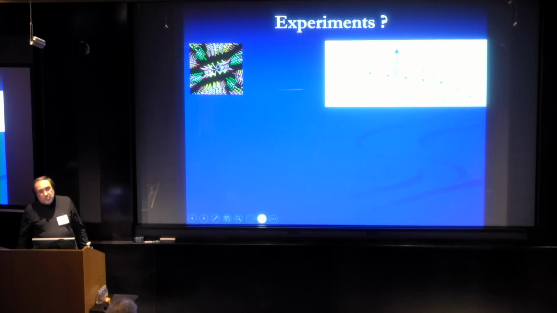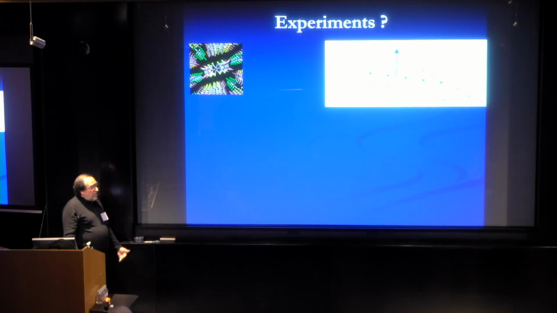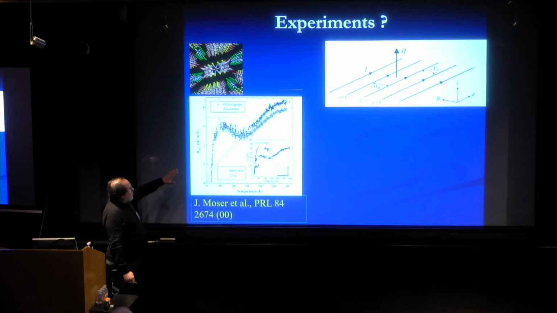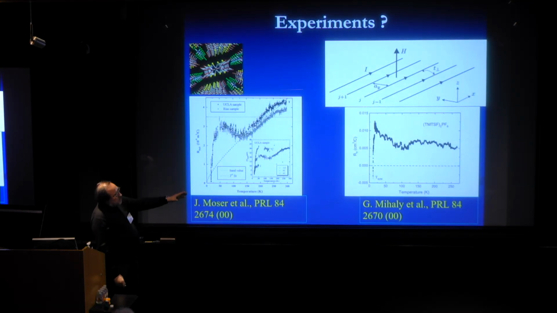And just to show you that even at the experimental level, there is debate. Here is one experiment which was done in Orsay, where you see a considerable temperature dependence of the Hall effect between 300 and 150 Kelvin. And here is the same experiment done in Lausanne, which shows physics is not invariant by translation in space, because this time you see a flat temperature dependence in the same regime of temperature.